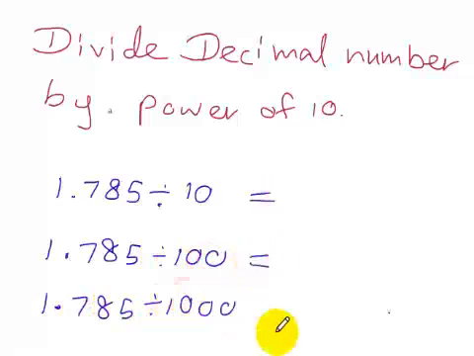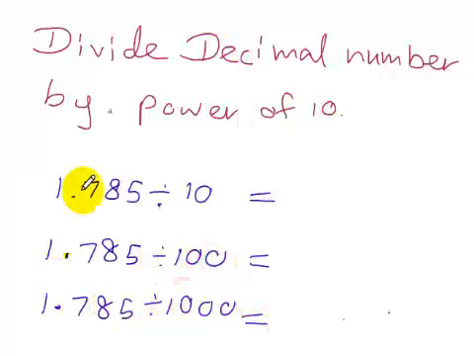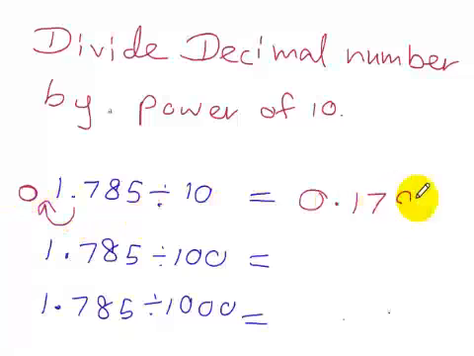When you divide any decimal value by a power of 10, the decimal point shifts to the left hand side. For example, here I divide only by 10, so only 1 zero, so only one decimal place shifts to this side. If I put a 0 here, the answer is 0.1785.